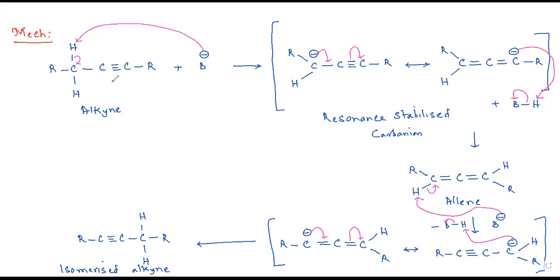So whatever may be the alkyne formed at the beginning, finally gets converted into the more stable pent-2-yne in this way by undergoing different kinds of rearrangement.